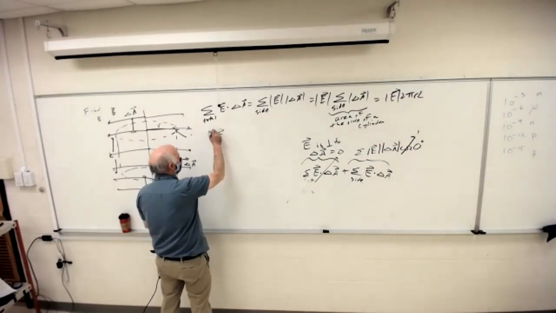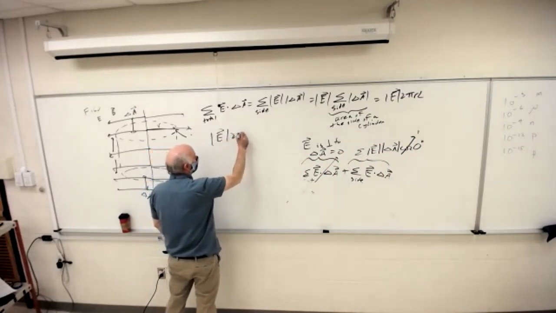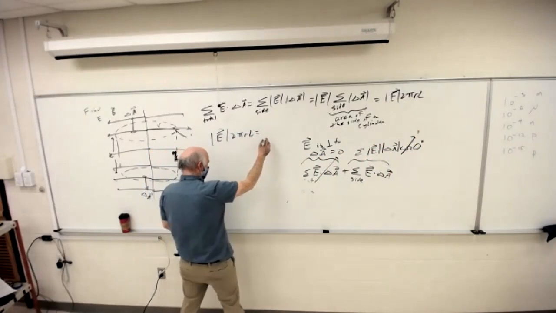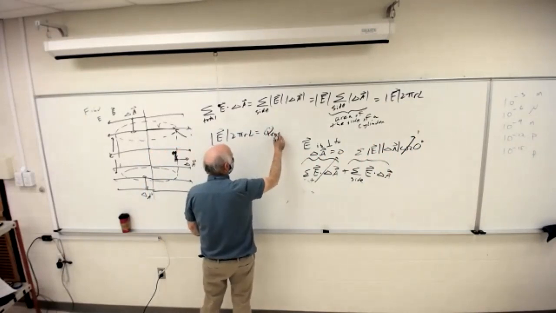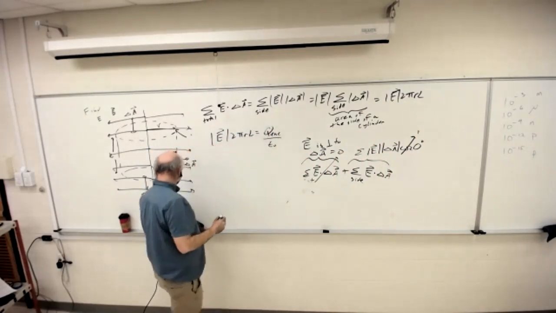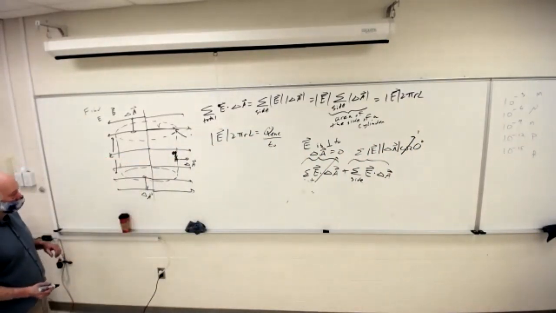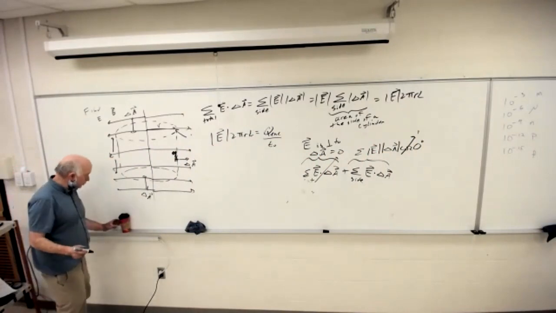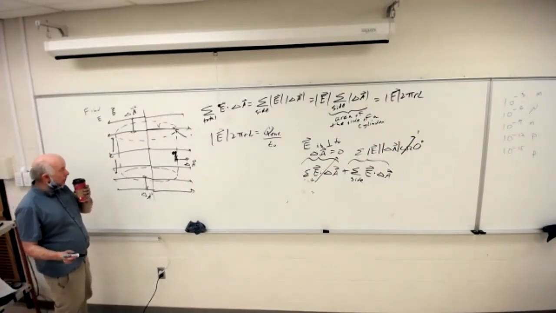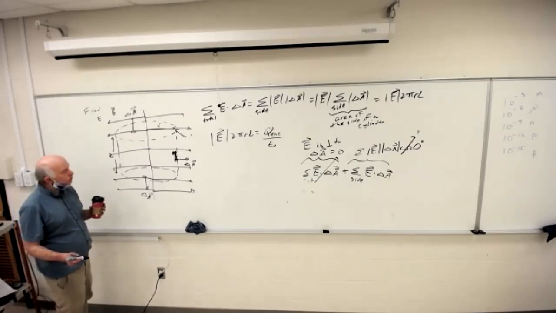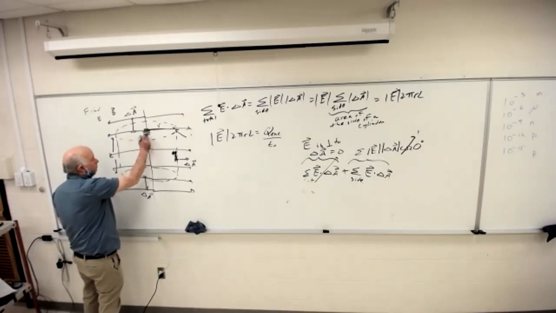Look at this, E times 2 pi r L. All that has to go to charge enclosed over epsilon naught. Now, if I just say shade in Q enclosed, where is Q enclosed in this picture? Inside, yeah, this right here.